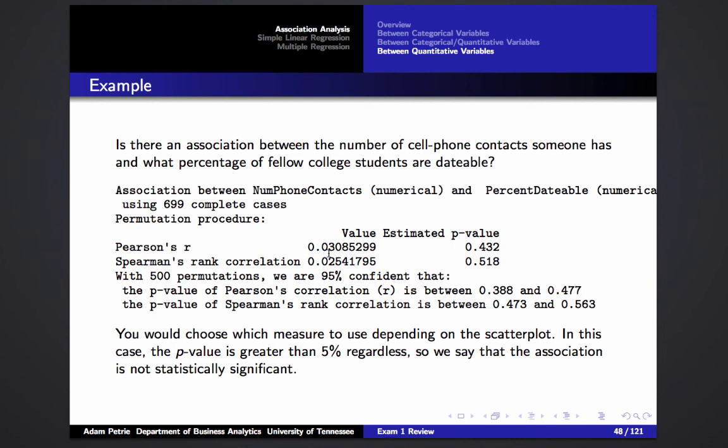And in this case here, the values are not very large, they're very close to 0. And in fact, it doesn't really matter which one we're measuring. Both of these p-values are bigger than 5%, so we would say that the association is not statistically significant, in this case between the number of cell phone contacts that someone has and the percentage of fellow students that this person thinks is dateable.